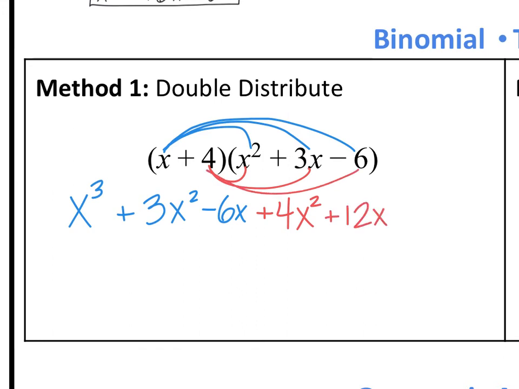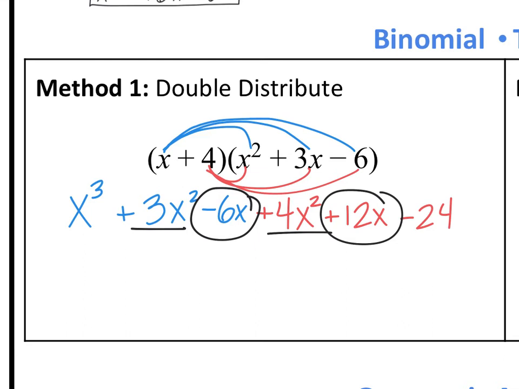And then 4 times -6. JJ? Yeah. The only difference with these is that obviously you're doing things 3 times. And then you have a little bit more to combine when you go to combine like terms. I can combine my x squareds and -6x and 12x.